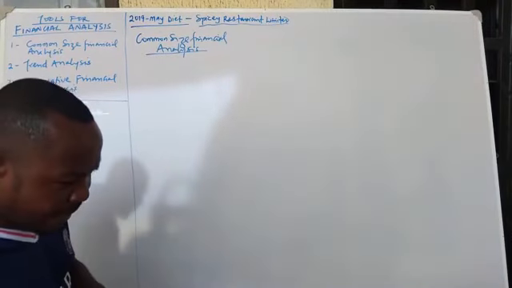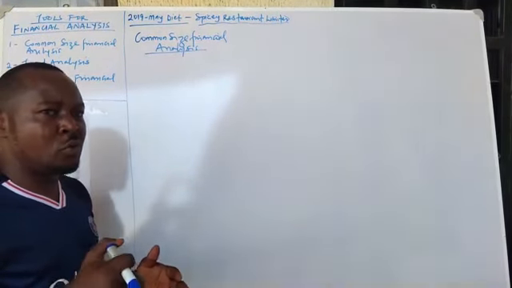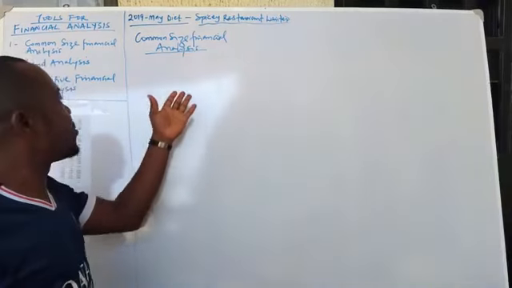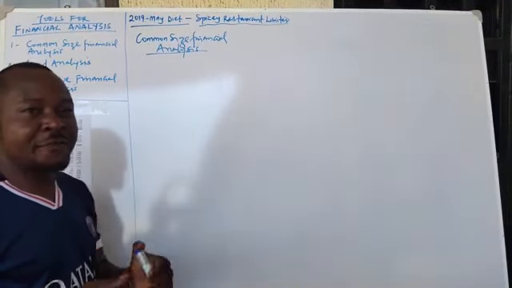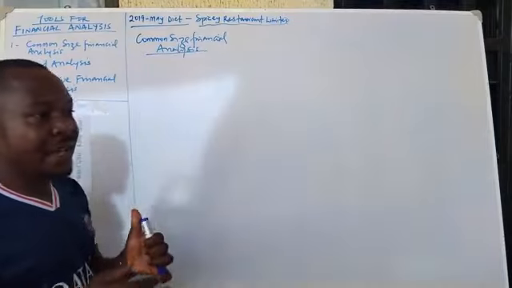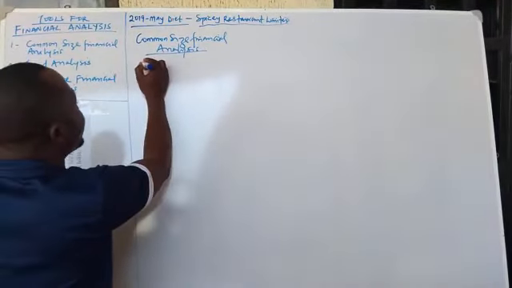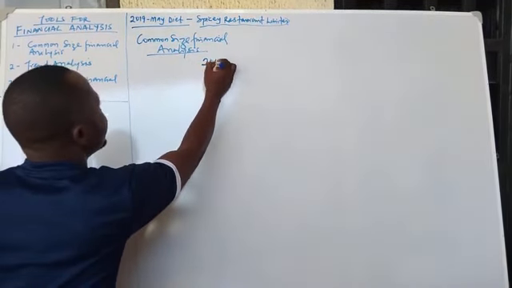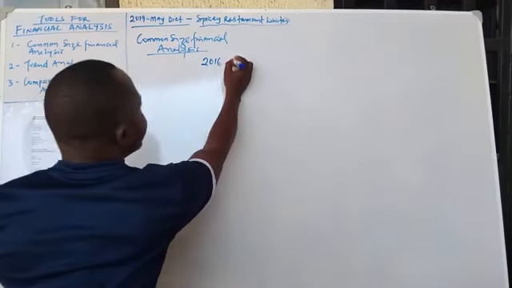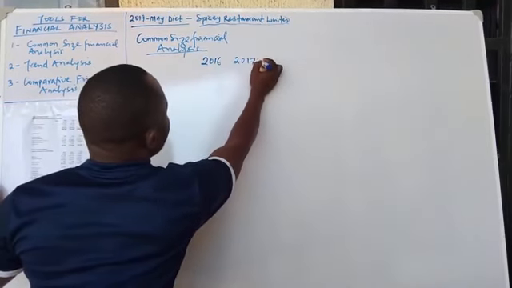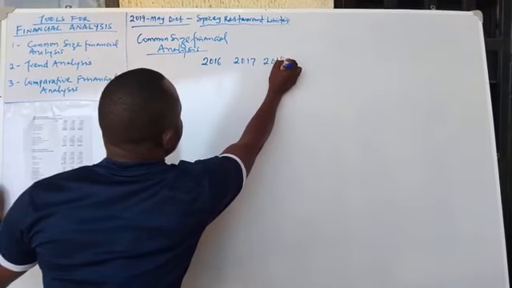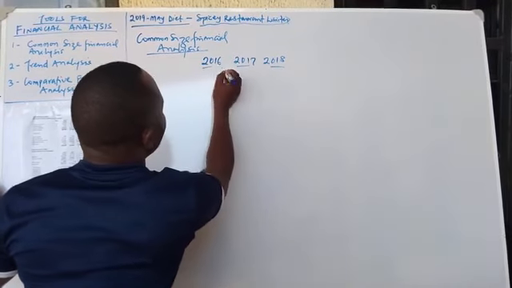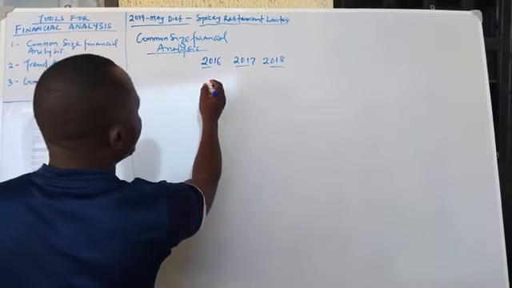Okay, now when you say common size, what do we mean? For some of us that are not familiar with it, common size financial analysis is used for each of the years. For example, in this material we have 2016, 2017, and 2018. These are the 3 years that were put under consideration.